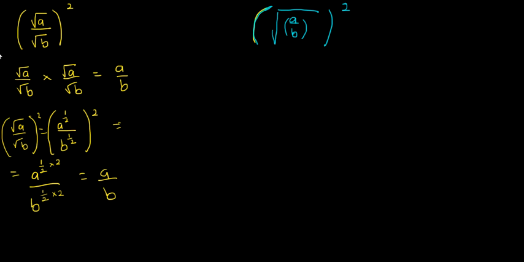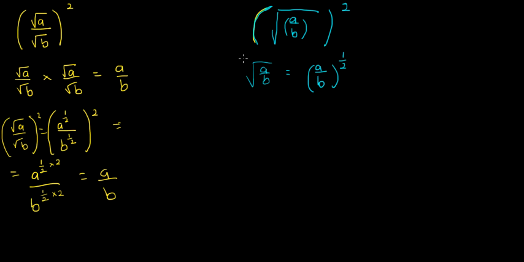And on the right hand side, I prefer to work with indices because it's very clear and a much more rigorous way of doing the math. So the square root of a over b simply means a over b, the whole thing raised to the power half.